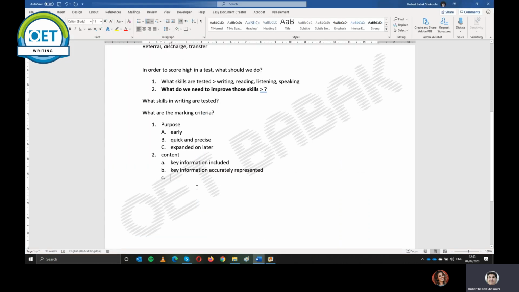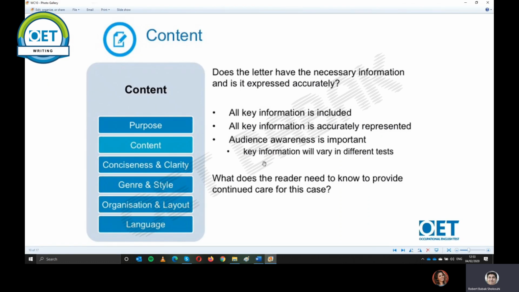Audience awareness means we should know who we are writing to, and that is important because key information is different.